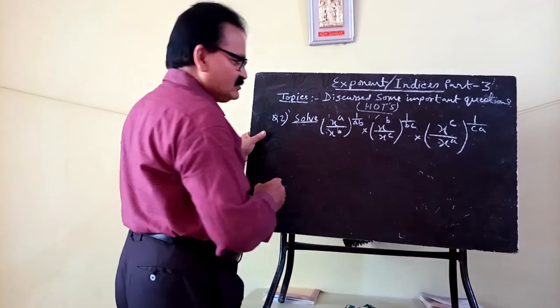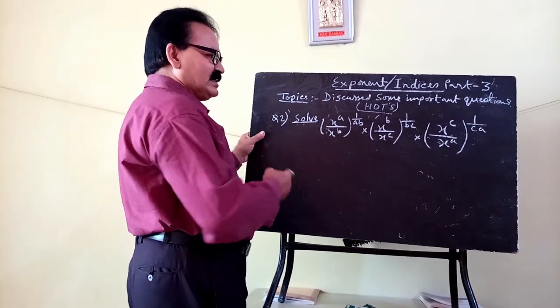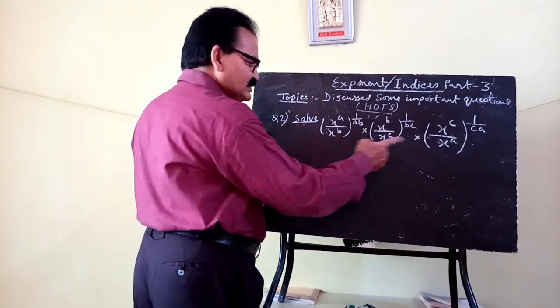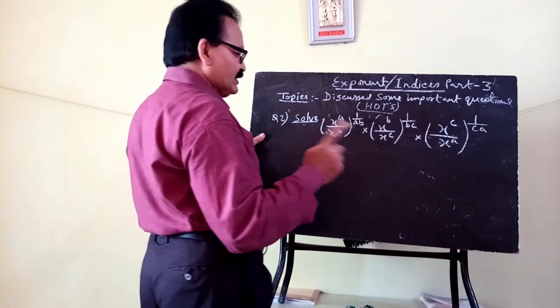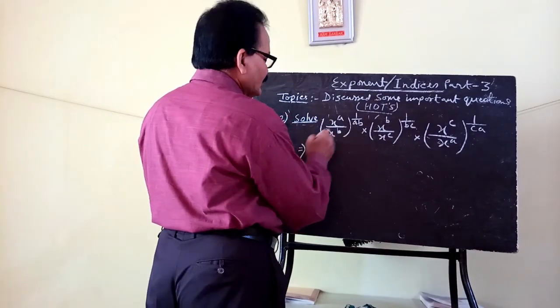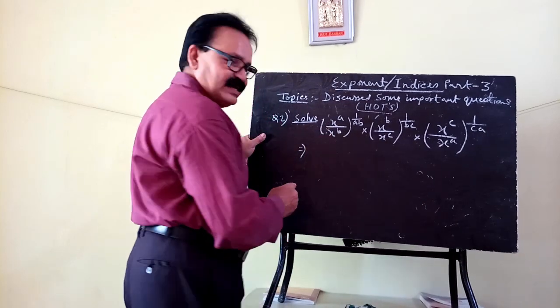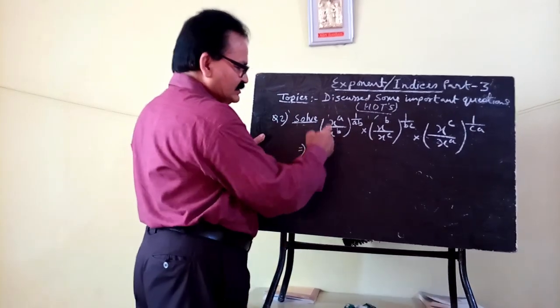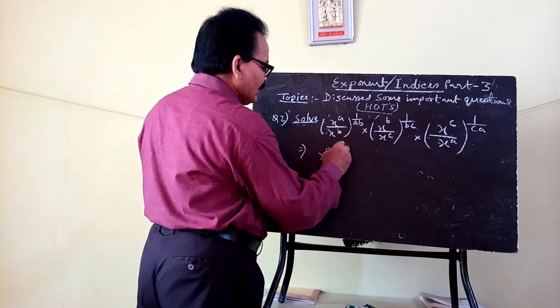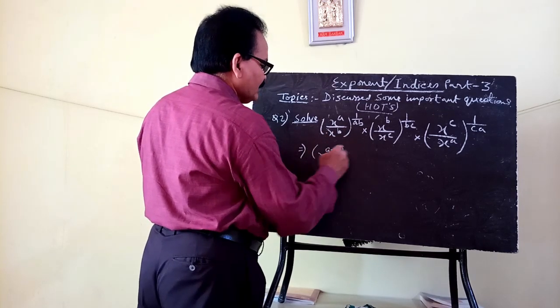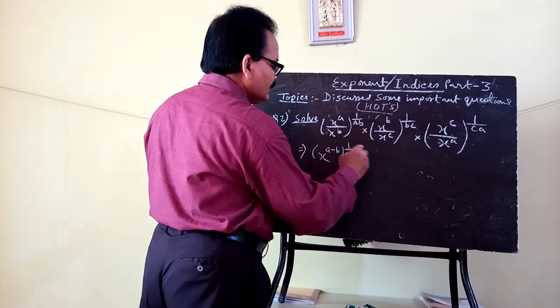For this type of question, you will again apply the quotient law as well as the power law. We see x is the same base and there is a division. So here you can write x to the power a minus b, and then the whole to the power 1 by ab.